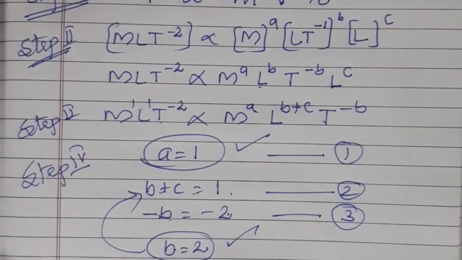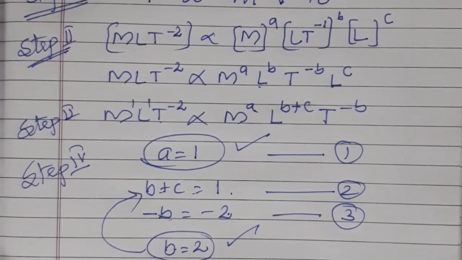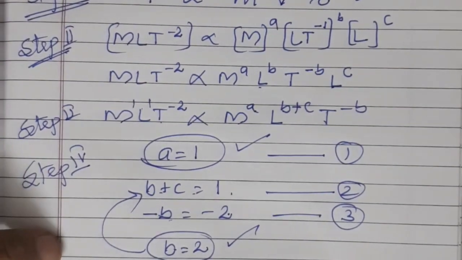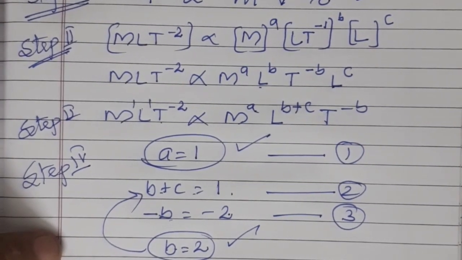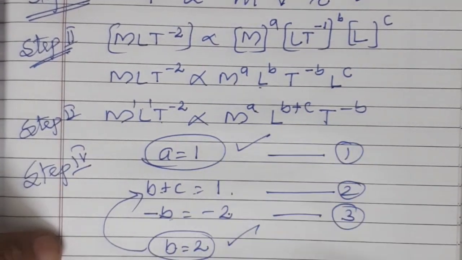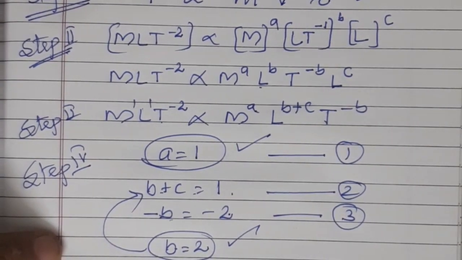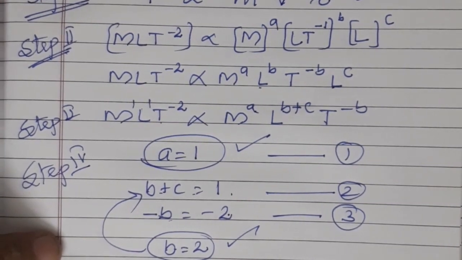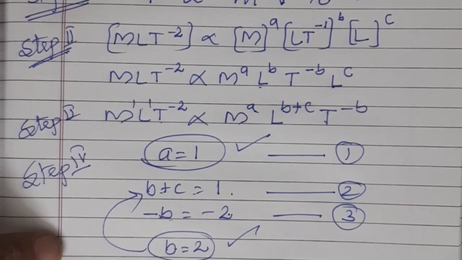Step 5. Put up these values of a, b and c in equation of step 1. So it will be f is directly proportional to m, v and r. What was the value of a? 1, b is 2, c is minus 1. You can leave it over here, but it's better if you write the formula mv square by r.